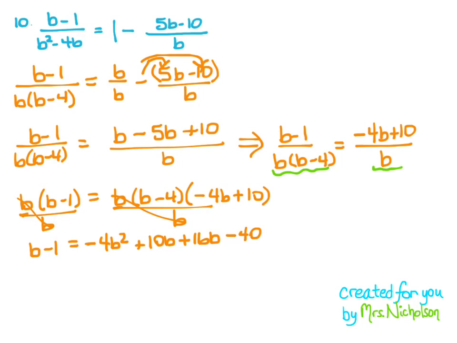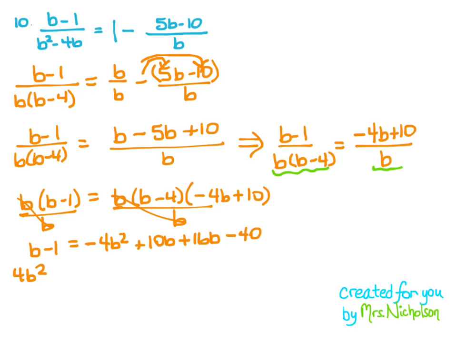So now if I'm going to solve for b, notice I've got a quadratic here, and anytime I have a quadratic, in order to solve, we need to factor. And if I'm going to factor, I need to get everything on one side because I want to have it equal to 0. So I'm going to move everything over to the left side, and I get 4b squared.